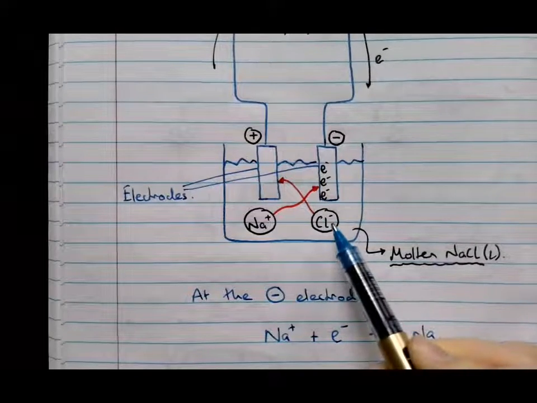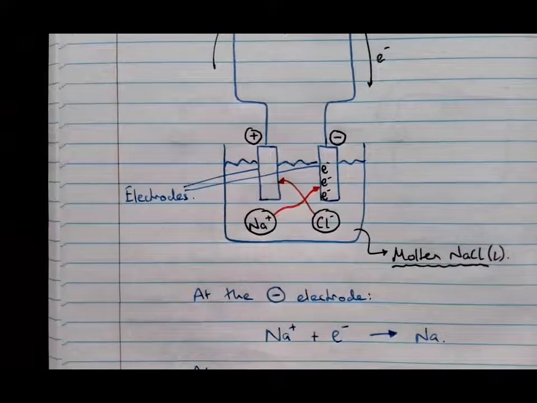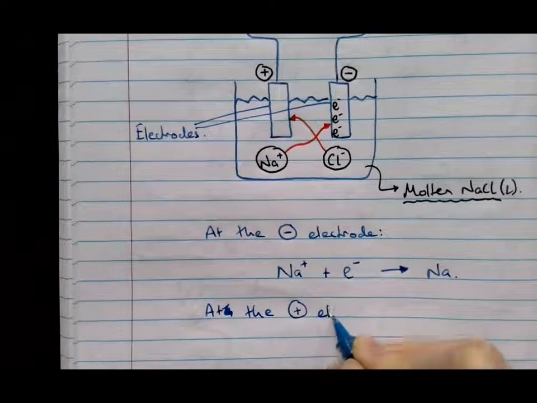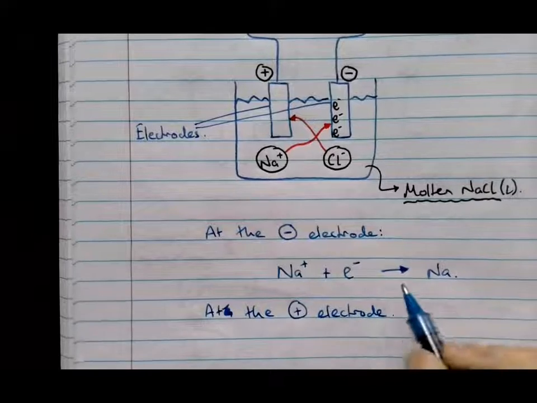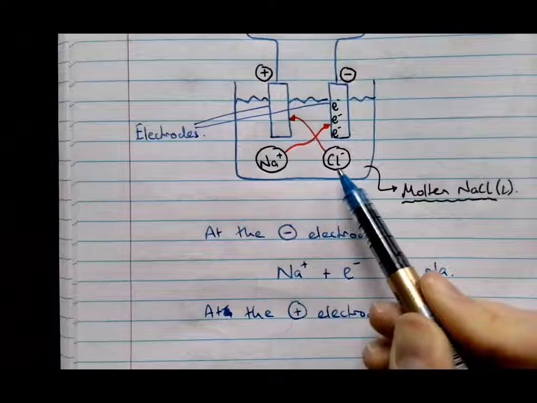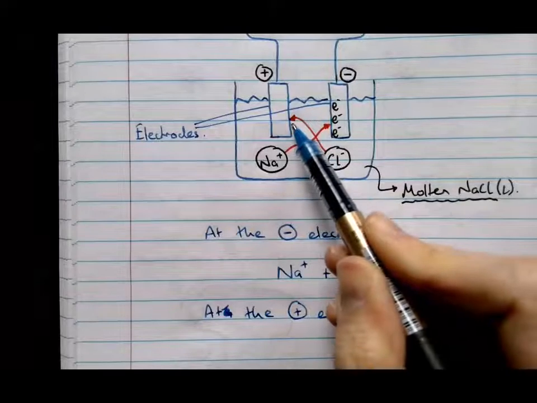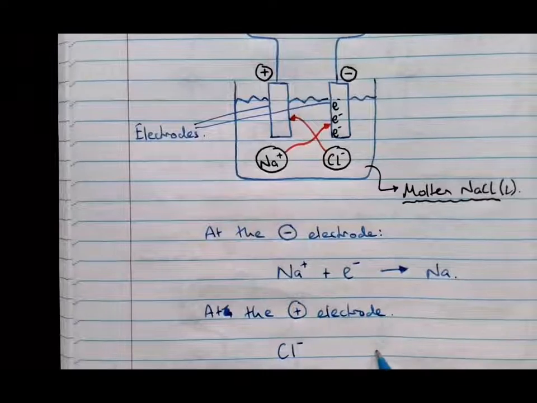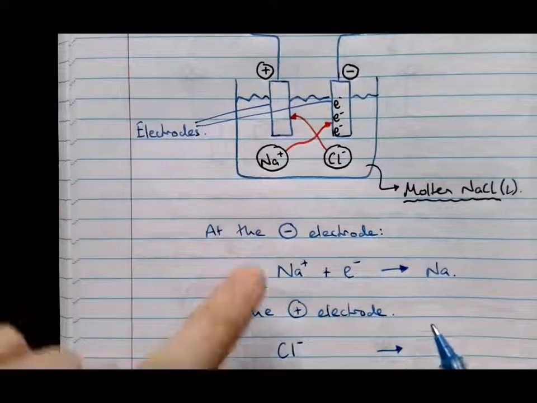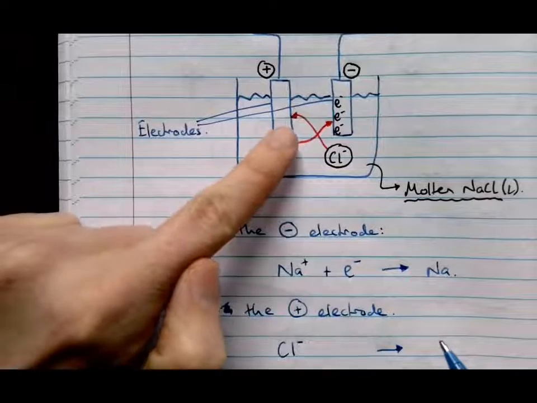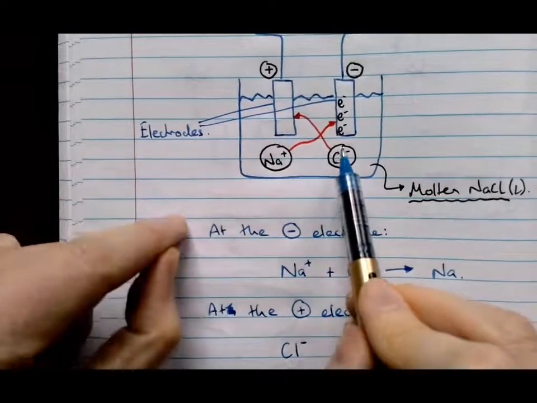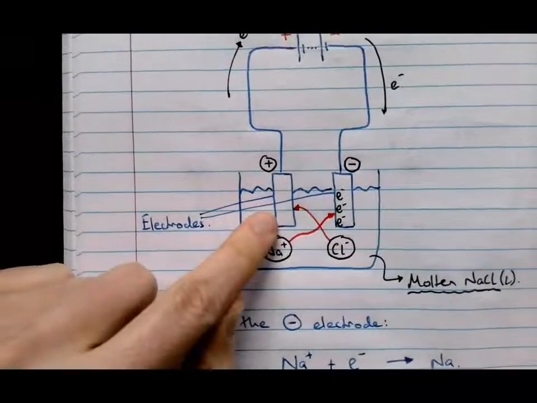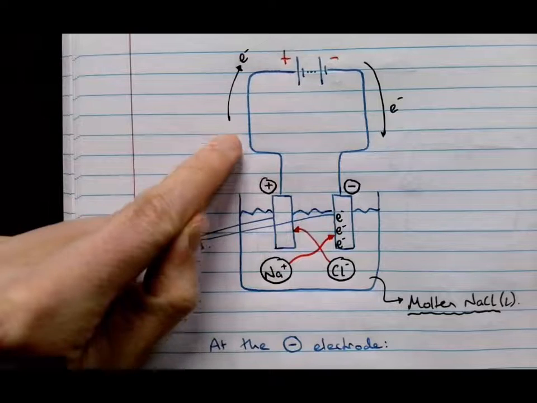Now at the positive electrode, I have my negative chloride ion going over here. So I have Cl minus. And that's going to come over here, and it's going to give away its electron, because you imagine this is a negative chloride ion, and this positive electrode, it's positive because all the electrons are moving away through the circuit.